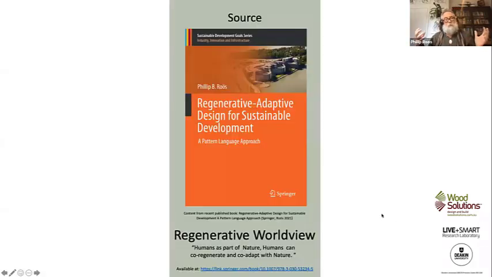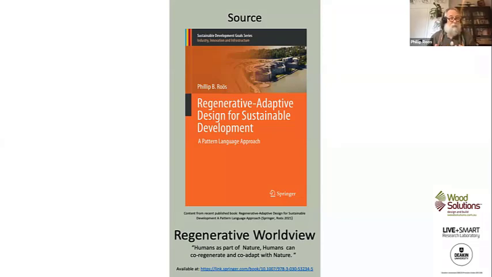This presentation or this lecture today, I'm pulling from the source of a recently published book, Regenerative Adaptive Design for Sustainable Development. This book brings forward a regenerative worldview, bringing together all the collective complexities that we need to consider. And fundamentally, the message is that we as humans are part of nature.